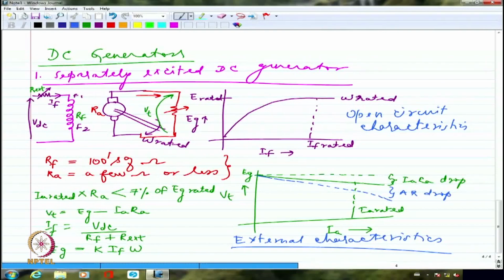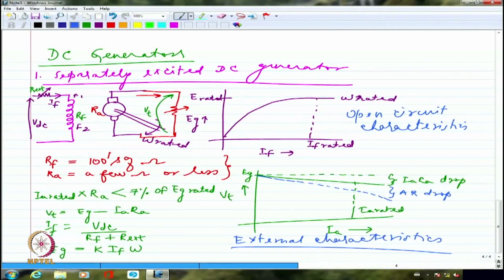That is going to cause a reduction in the overall voltage at the terminal of the DC machine. This will definitely increase as the armature current increases, because the reaction will increase, but it is not a linear increase. That's why I'm not showing this as linear.